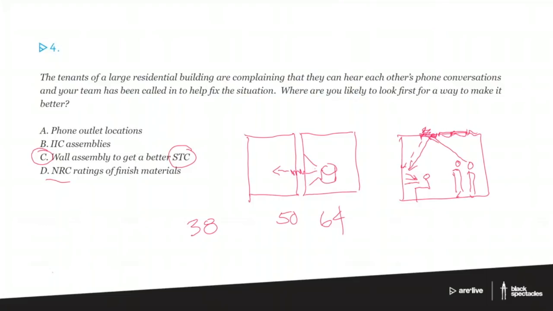And the STC ratings are kind of interesting. They're really focused on understanding the transmission of the pitches of most human voices. And the reason for that is those are the ones that are really irritating to people. If you can hear half of a phone conversation, it drives you crazy. So they're really aimed at that.